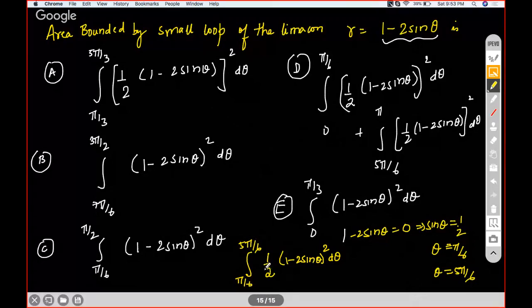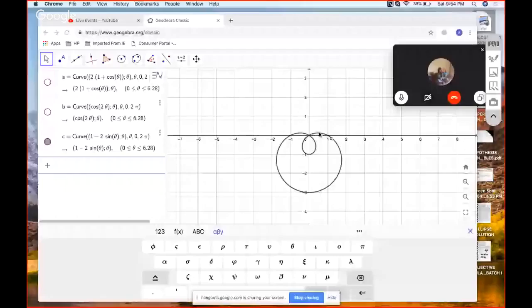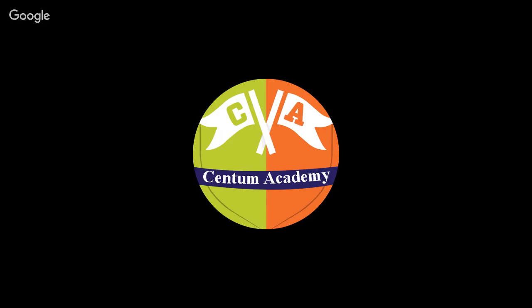this graph would start becoming, look at this curve. At 0, it is having this value. The moment you reach pi by 6, it will become 0. This point that you see will correspond to your theta equal to pi by 6.